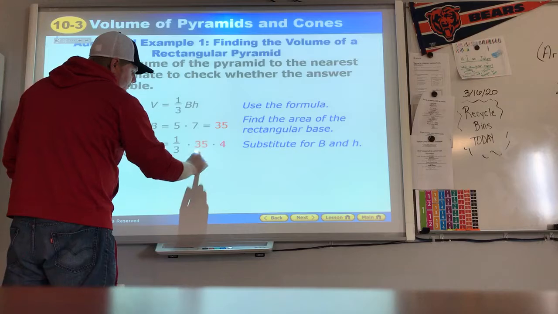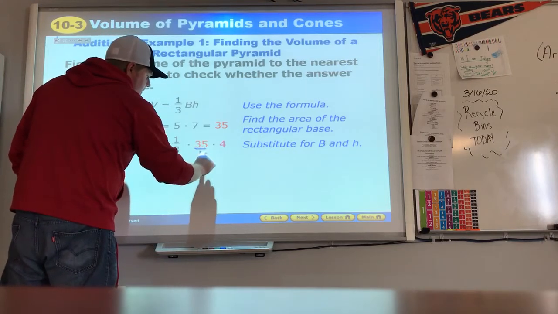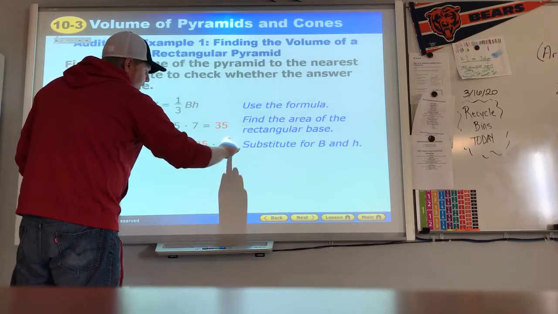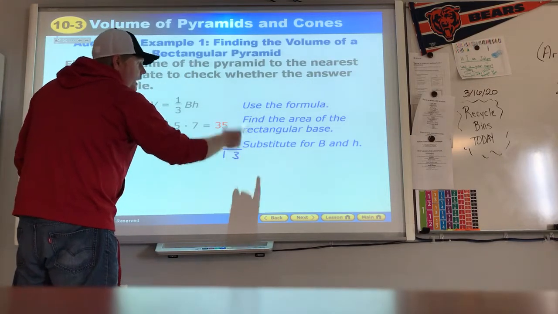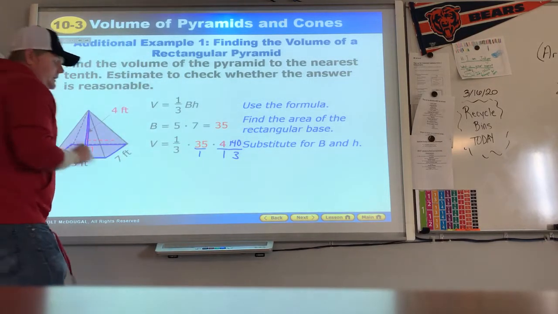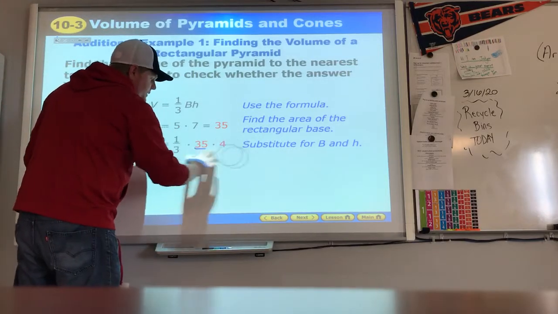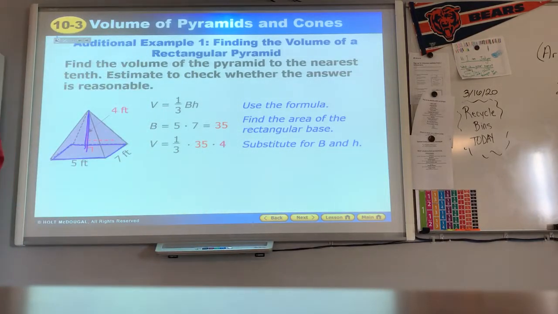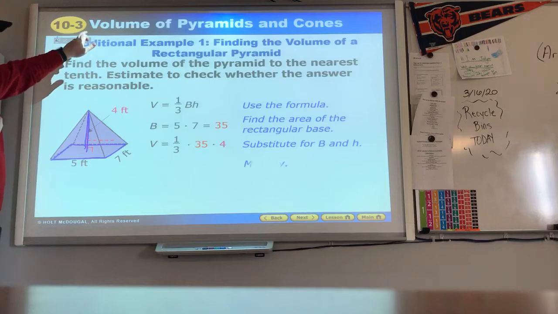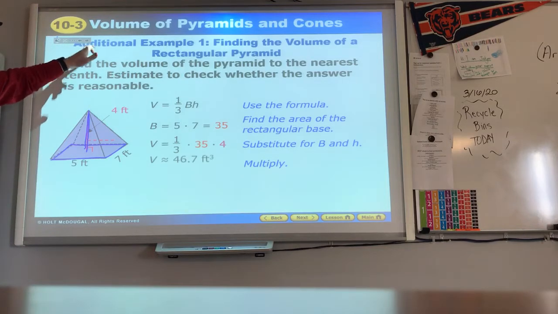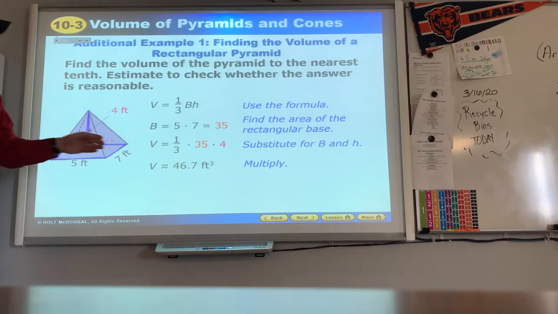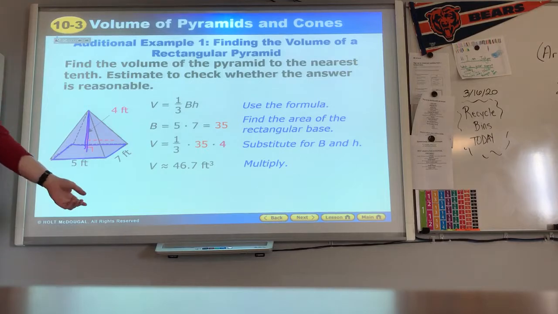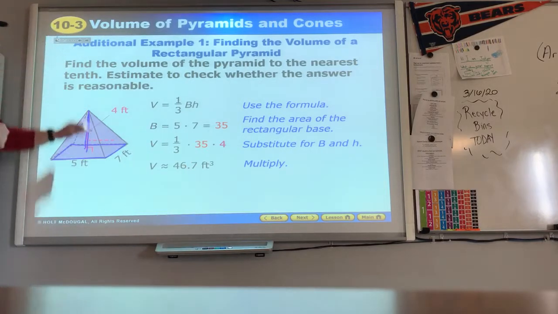If you think about both of these as fractions, when you multiply, you would get 140 over 3, and that's exactly what we got near the end. They're simply going to punch them all in. I think it's much easier to write it out. And they will get their answer of 46.7, which they rounded from 46.6 repeating to the tenths. All right? And notice they have feet cubed as well.